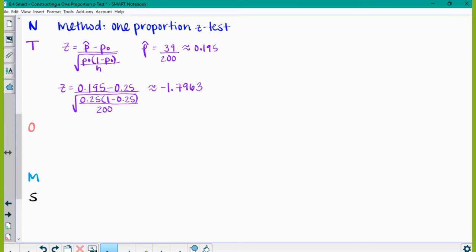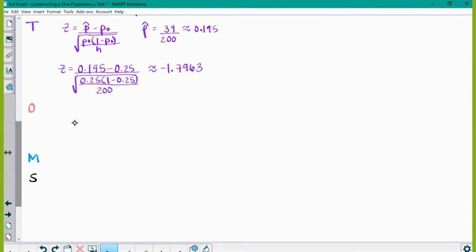So now that I know what my z-score is, if I'm doing this by hand, I will always sketch a picture. I will always draw a normal curve, and I will draw my z-score on it and identify what area I am interested in. Well, the admin thinks that it's less than that z-score. So it's every possible p hat to the left of my z-score.